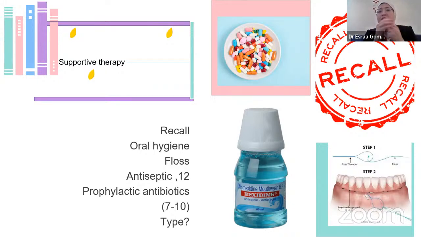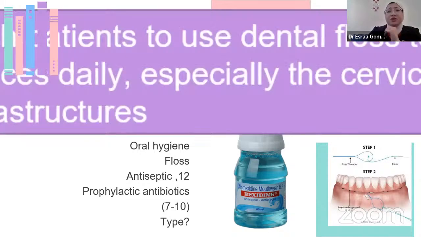So you have to do atraumatic surgery. You have to set a specific time for recall and assess your patient with a periapical radiograph to assess peri-implant bone loss. Using floss is very important. Using an antiseptic such as chlorhexidine is much more important than using a prophylactic antibiotic. So if your patient is controlled, you do not have to worry about using a prophylactic antibiotic any more than with a normal patient.